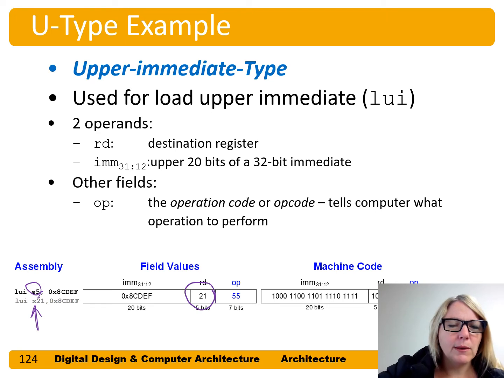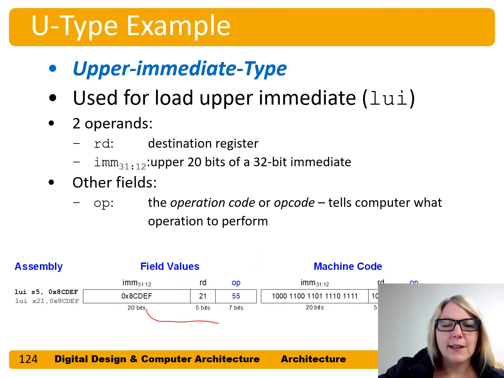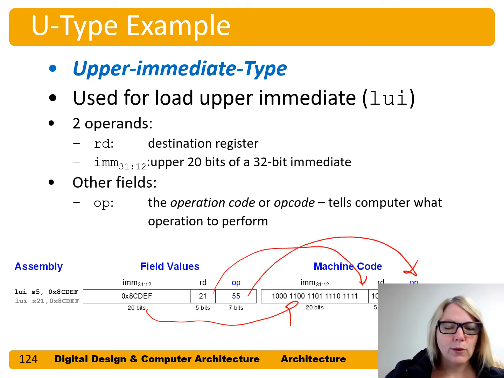Then we have our immediate, hex 8CDEF, and we put that in our 20-bit immediate field. The opcode for load upper immediate is 55. We write all those fields in binary, and then we can gather groups of 4 and write it in hexadecimal.